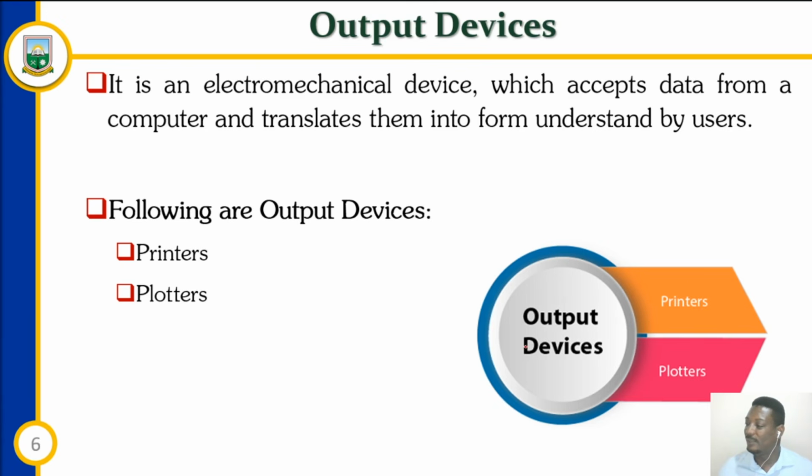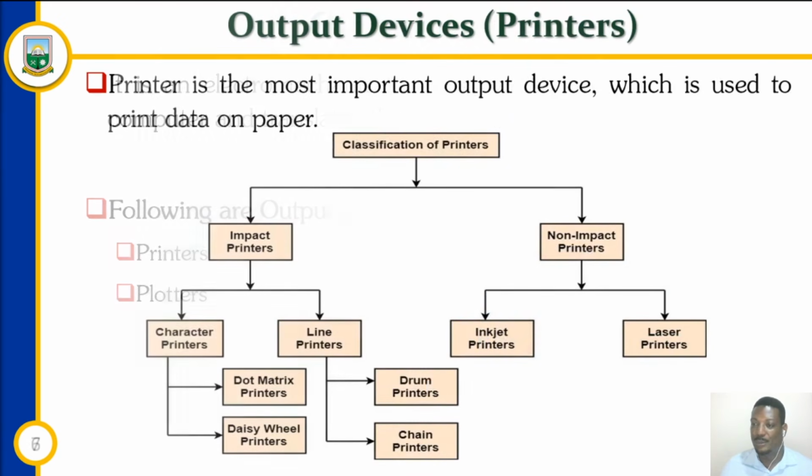The printer is the most important output device, which is normally used to print data on paper. Printers can be classified into two main categories. The diagram as you see here gives us a vivid description of the classification of printers.